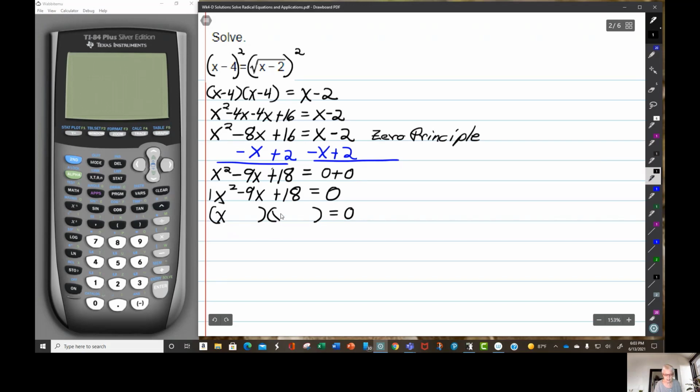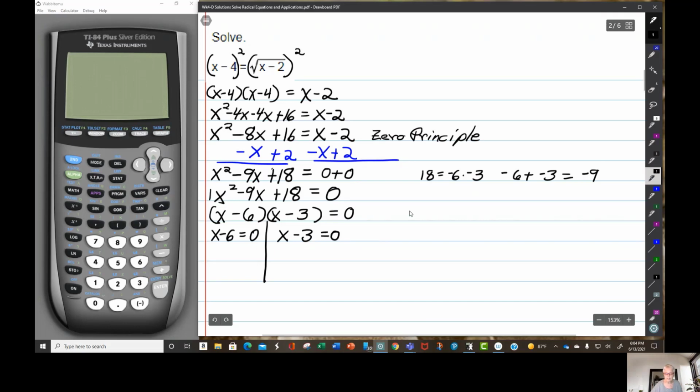Now 18, negative 6 times negative 3 will add together to give me negative 9. So minus 6 minus 3.